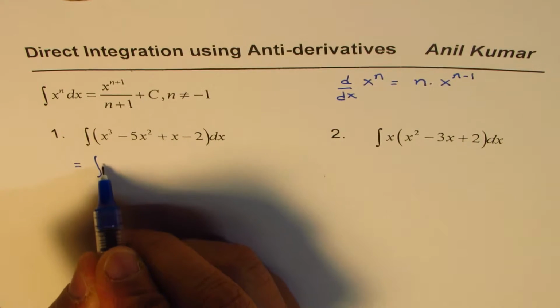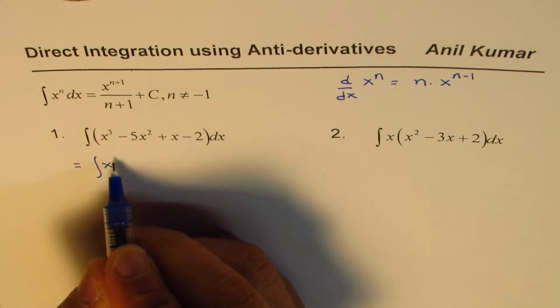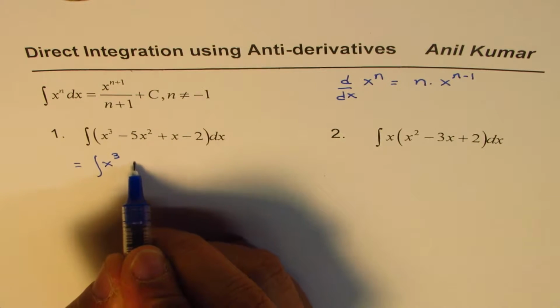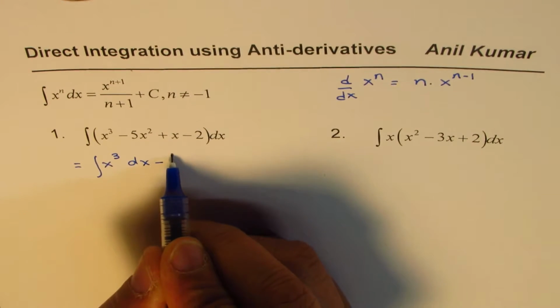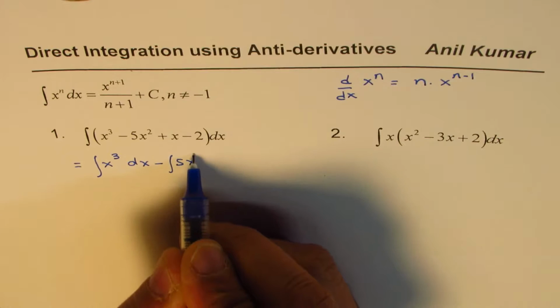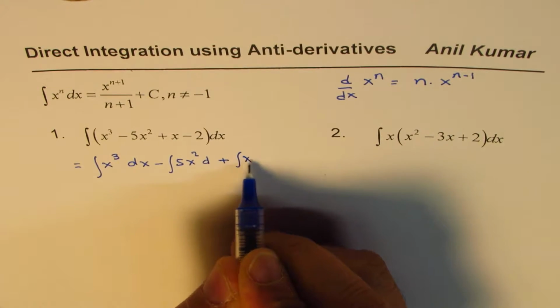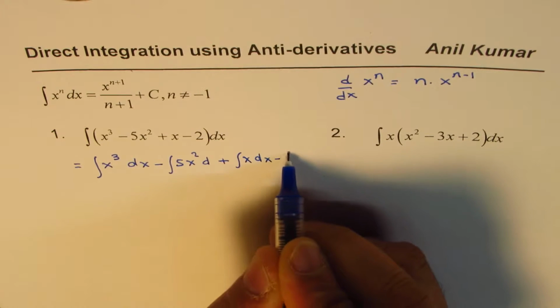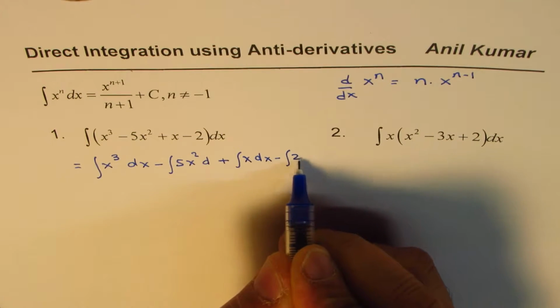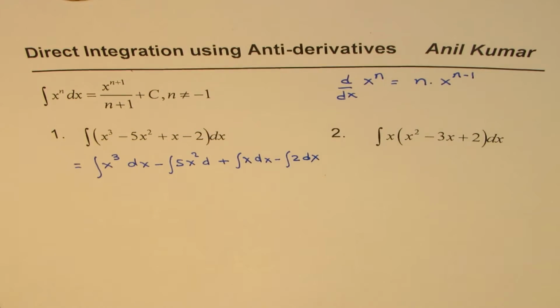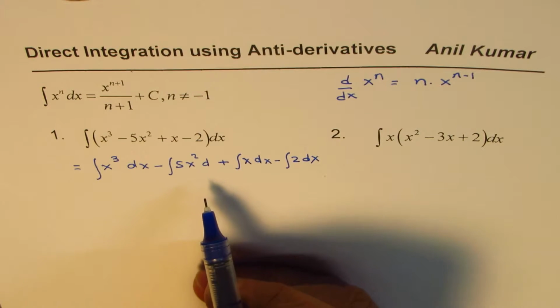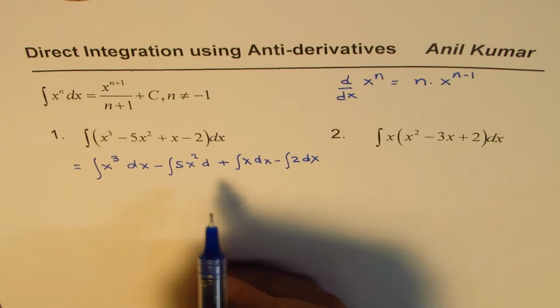You could write this as the integral of x cubed dx minus 5x squared dx plus the integral of x dx minus the integral of 2 dx, right? But normally we will not be writing it. This is just to show you the properties of integration.